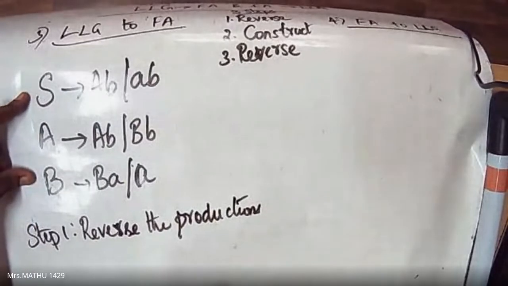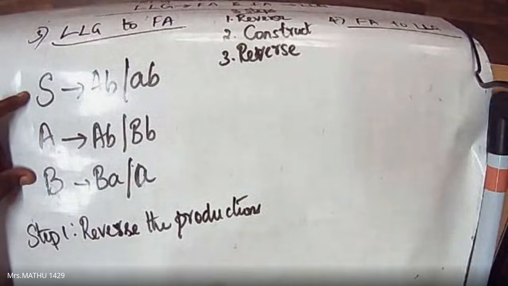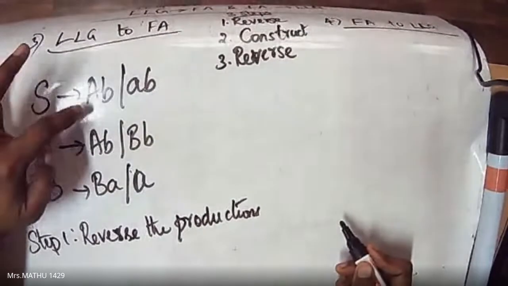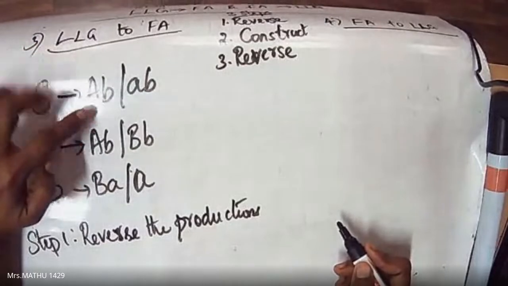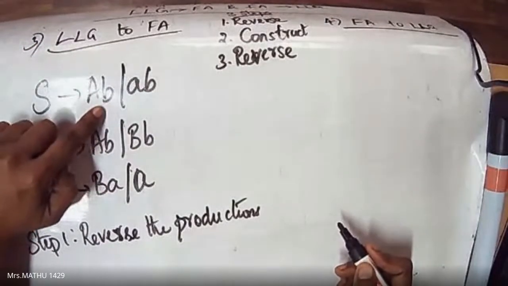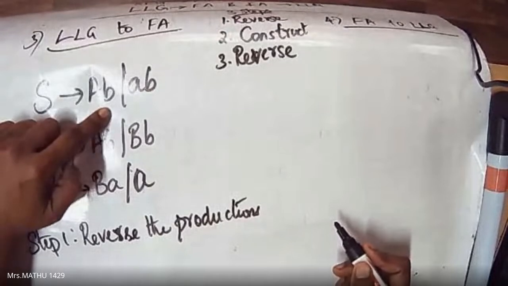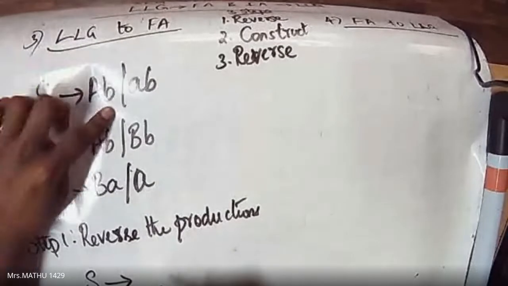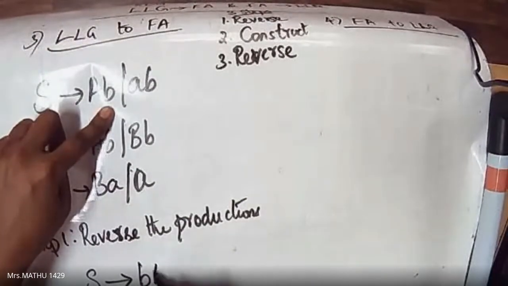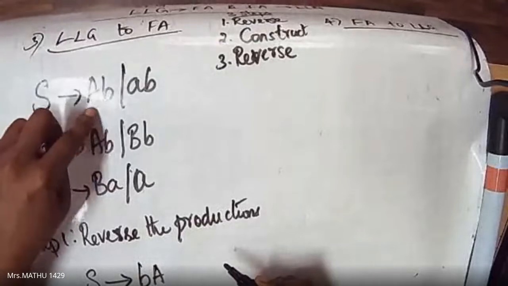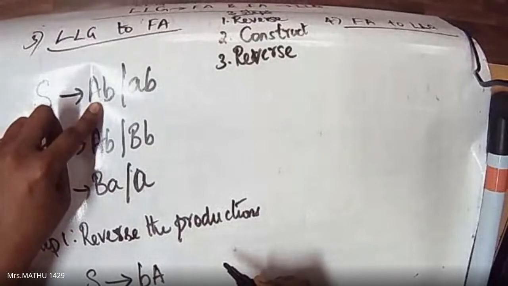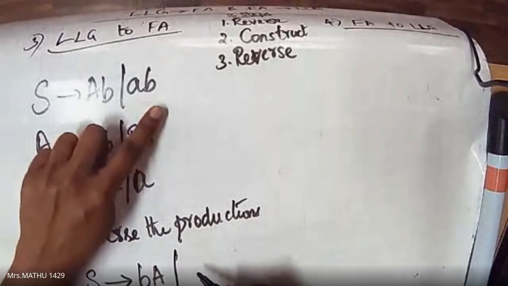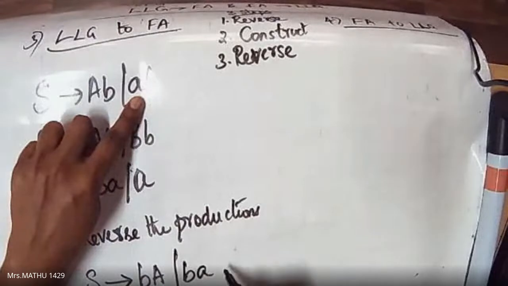What is the meaning of reversing the production? On the right hand side of the production, we just need to reverse whatever is present. So S gives, instead of Ab we need to write it as bA. Just reversing what is given in the right hand side of the production. The next production is given as ab, which is reversed as ba.